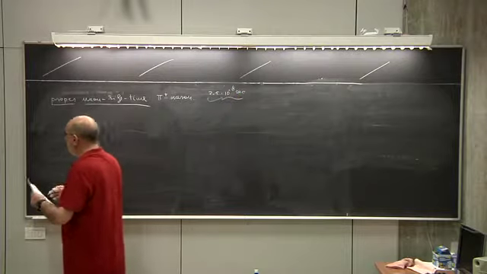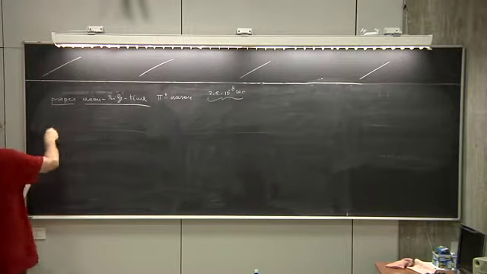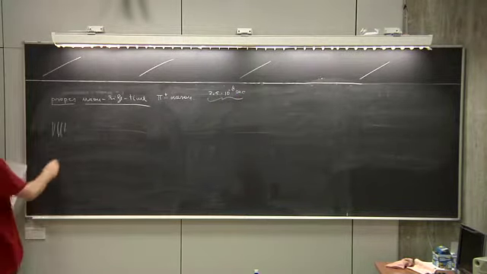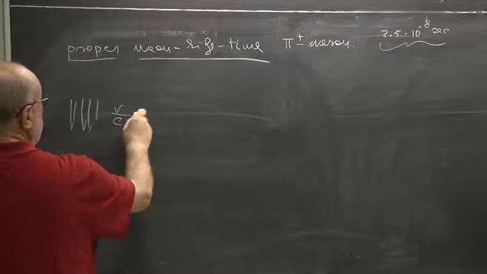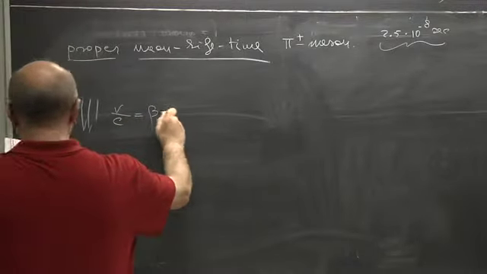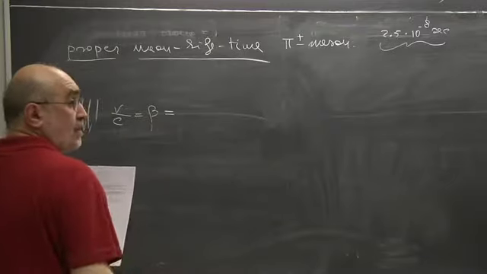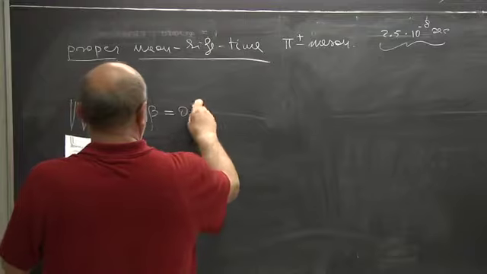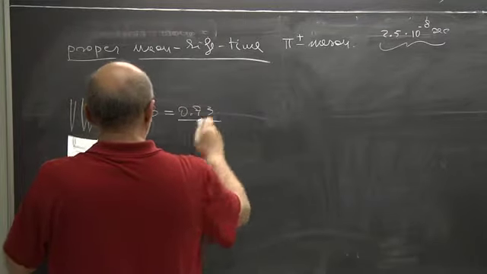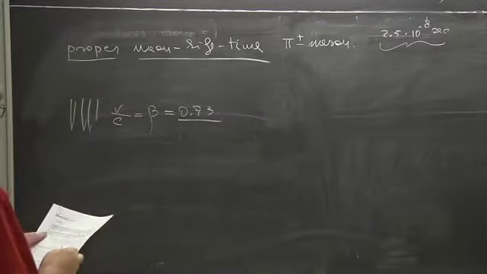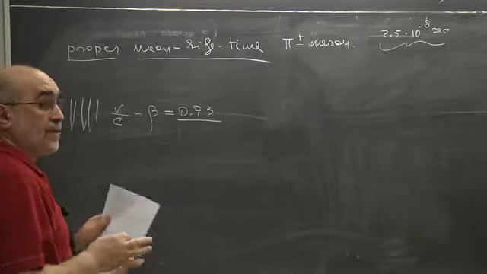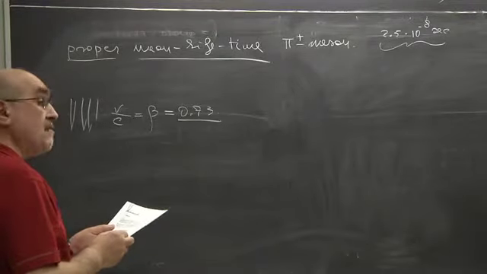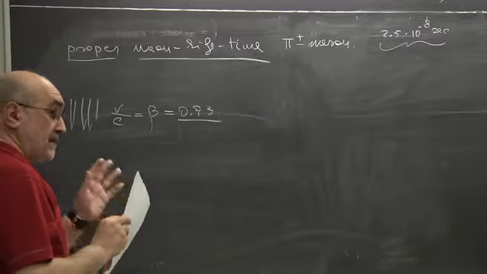Now, if instead we have a burst of particles coming down from the atmosphere, and their v over c, usually called beta, goes from 0 to 1 at most, is 0.73. Now they want to know, with a beta of 0.73, which is the mean life, not the proper mean life, the mean life.